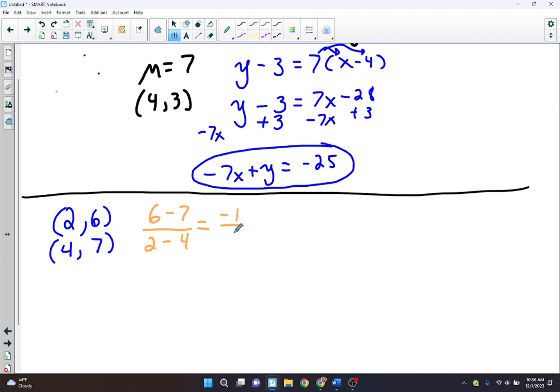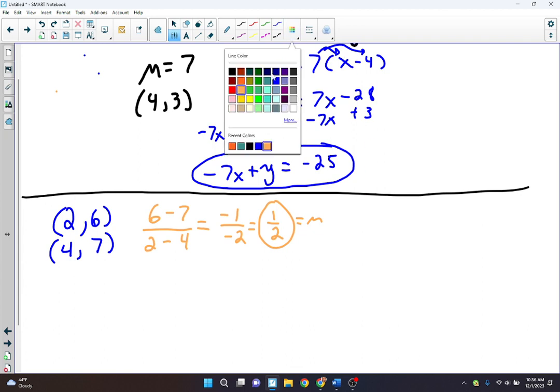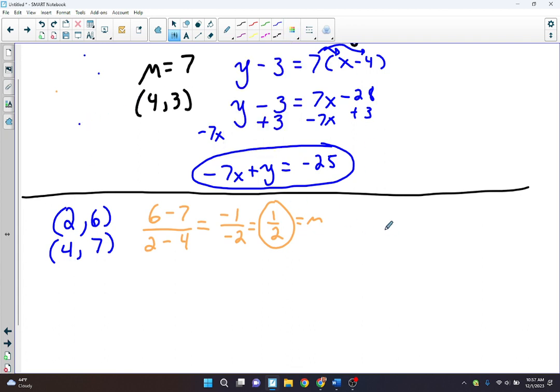Negative 1 over negative 2. Double negative makes it positive. 1 over 2. Okay, that's my slope. I'll use a point. Remember, I'll use either one. I'll use the top one for this example. I'll use the bottom one for this example.